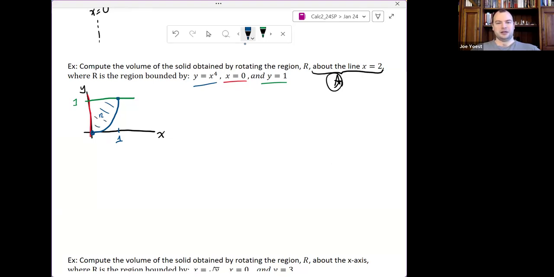And I'm not rotating about the y-axis or the x-axis. I'm rotating about the axis x equals 2. If I was rotating about the y-axis, I'd have something that would look like a kind of filled-in bowl.